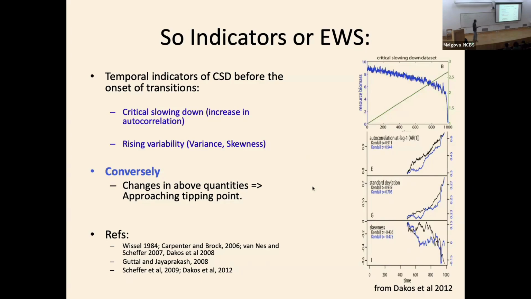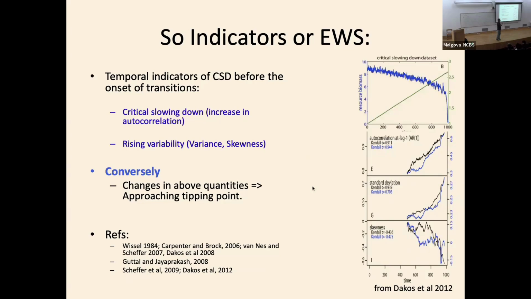Conversely, we can argue that changes in these quantities could indicate that we are approaching a tipping point or a bifurcation point. Now remember, why am I emphasizing stochasticity here? Imagine if we had a deterministic system: I would not experience any fluctuations, so there is no question of variance.